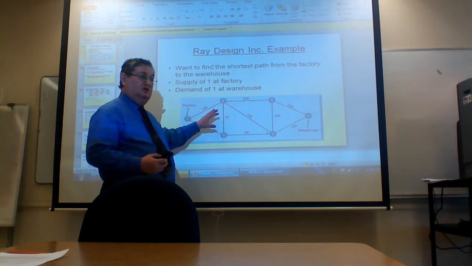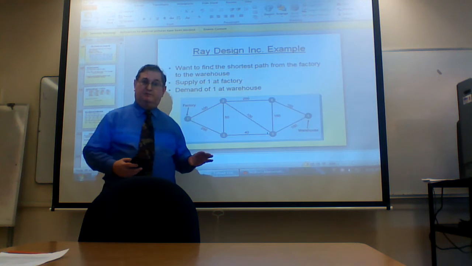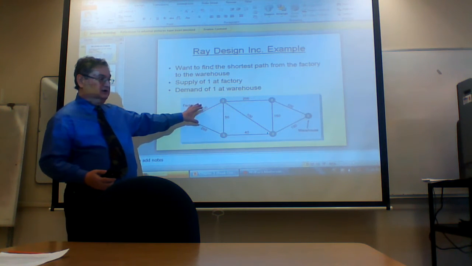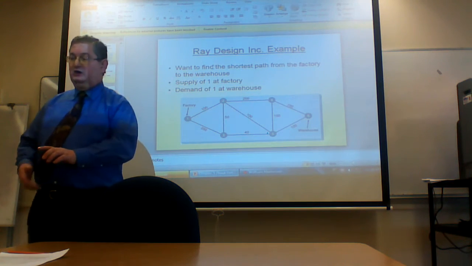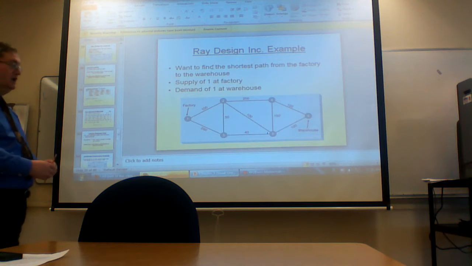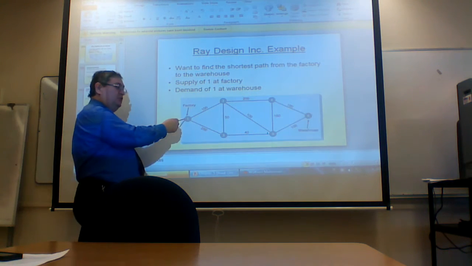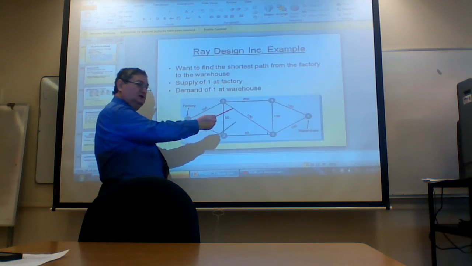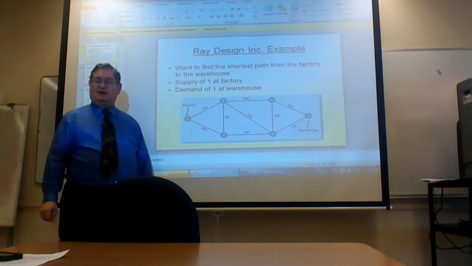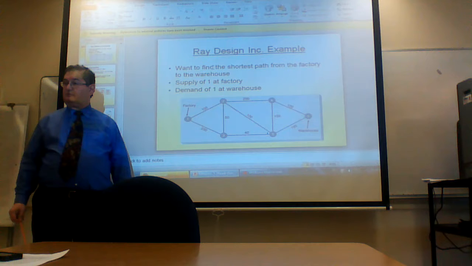So, in the old days, when we didn't have this new technology, this is what we had to do. We had to find out how you can get out of this point and get into this point, selecting the shortest path.